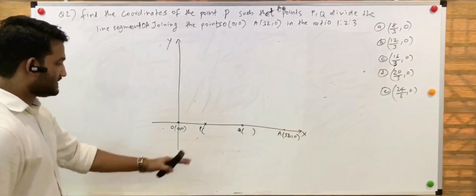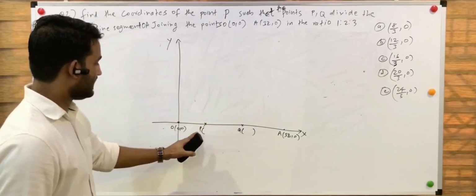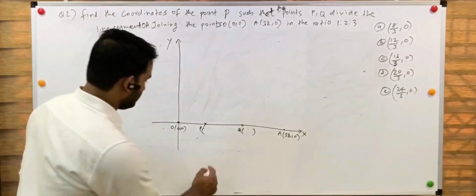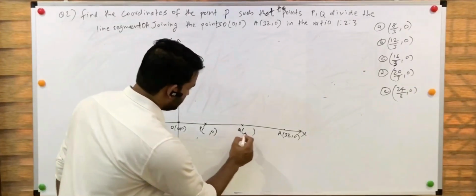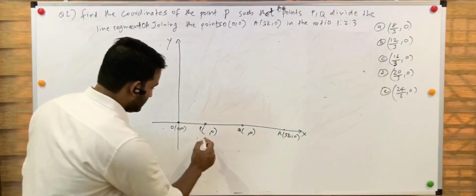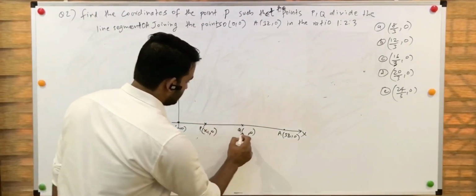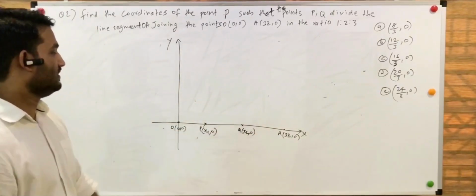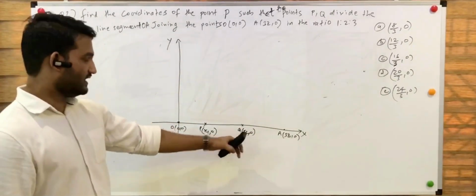Since these 2 points lie on the x-axis, the y-coordinate of these points is 0. Now let the x-coordinate of P be x1 and the x-coordinate of Q be x2.